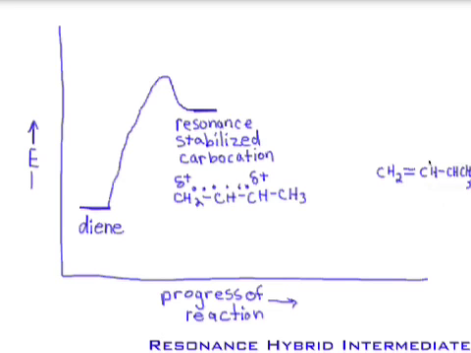So here's the 1,2 addition product. Oops. Put the Cl in the wrong position. Compare that to the 1,4 addition product and think of which double bond is more stable. So here's the 1,4.